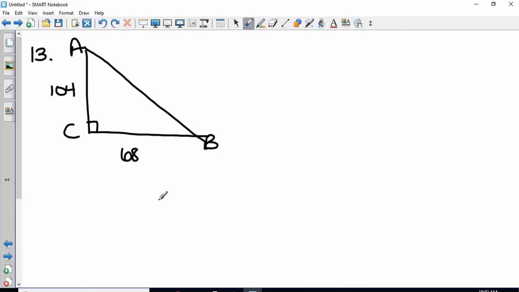Alright, if I want to find angle A, using the two sides that are given, what could we do? This is the opposite and the adjacent side, so I would do tangent of A equals the opposite 68 over the adjacent 104.